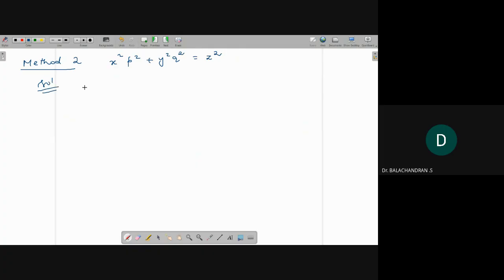Suppose I don't divide by z square, then xp whole square plus yq whole square equals z square. Now, what is the value of m? m is equal to 1, n is equal to 1, and k is equal to 2?